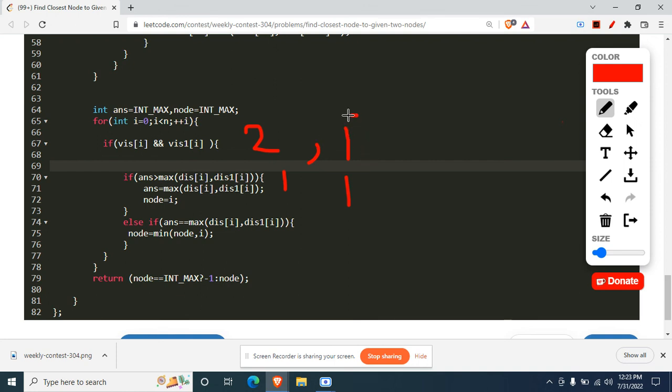They have said the node which is the smaller one, you return that one. So this is what this else if part is doing. That is saying if both the distances are similar, which one to choose? Take the minimum node. So that is why I've taken the minimum node out of it. And if we never found a node, that is it was int max, return a -1, otherwise return the node which you have got.